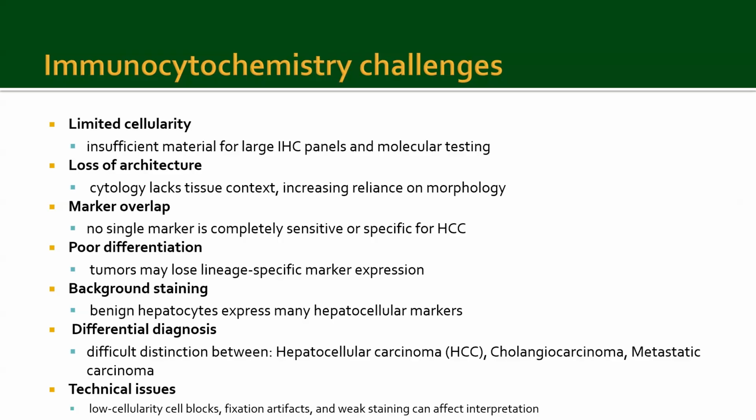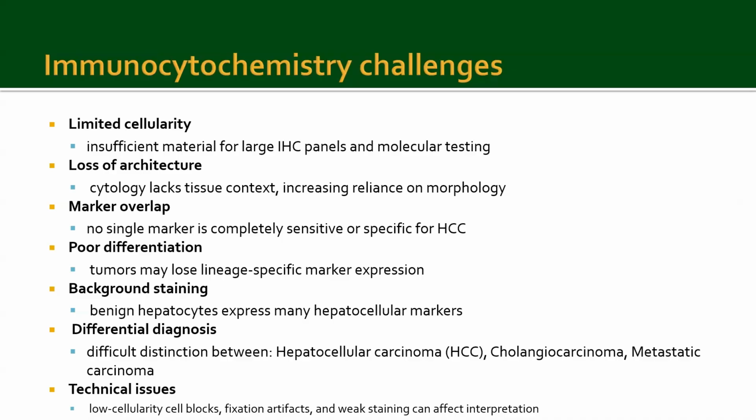For poor differentiation, this goes for any body system, but tumors may lose their lineage-specific marker expression. So if you have a poorly differentiated lesion in the liver, which is a very common place for metastasis, it can be really hard to diagnose what the specific tumor is if you don't already know the primary site. For background staining, benign hepatocytes can express hepatocellular markers, so it can be hard to differentiate a typical benign cell versus a very well-differentiated hepatocellular carcinoma.